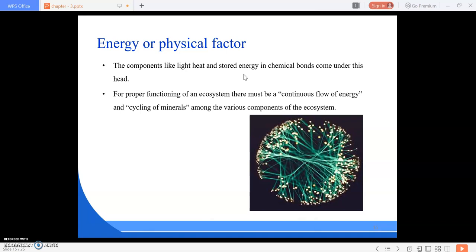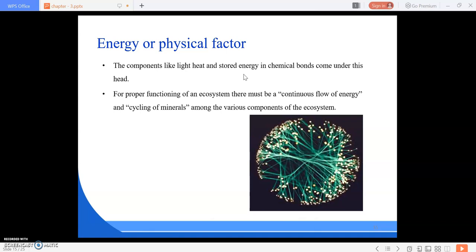In the previous chapter on natural resources we studied how important and how dependent we are on these non-living things: the materials, the minerals, the water, and the energy resources. If we want to survive in this environment, then we have to make a balance between these two.